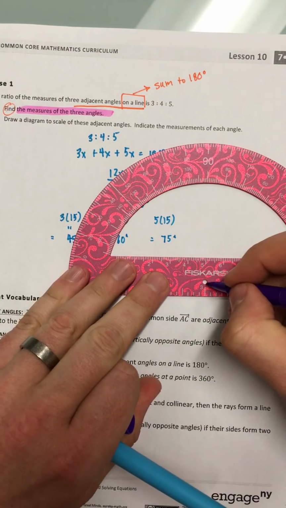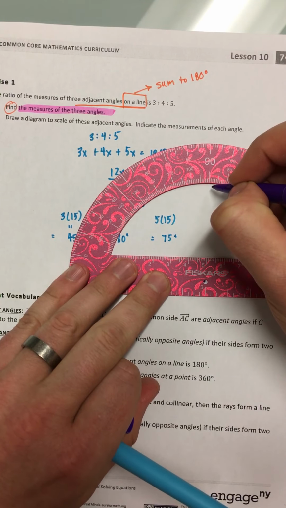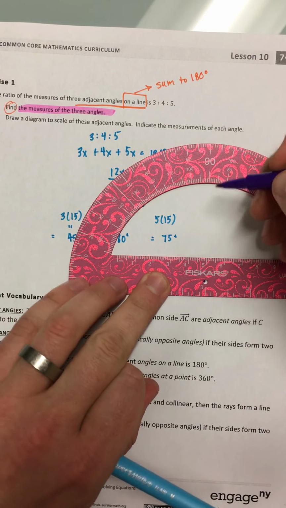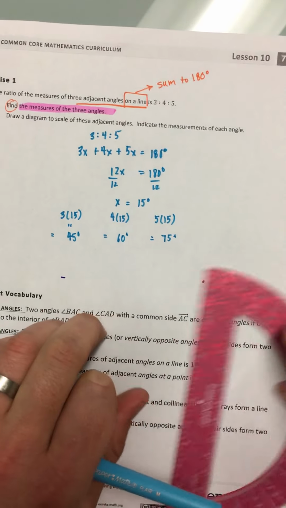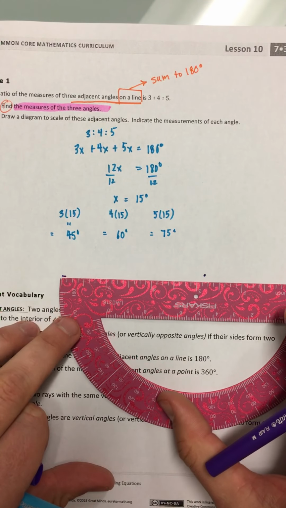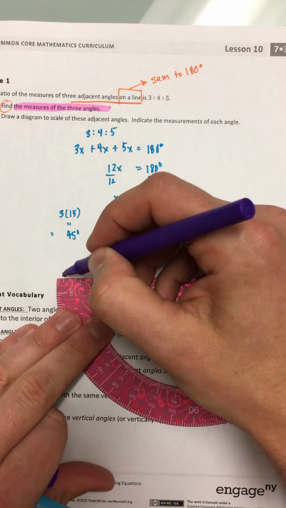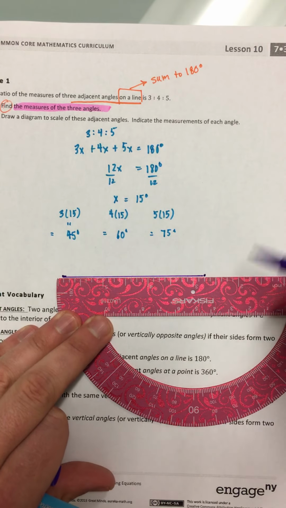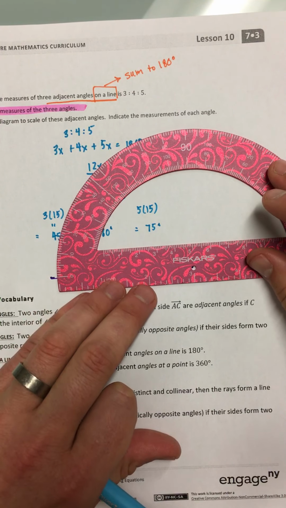We know we need to have our origin. Draw my line. And start marking off my angles.